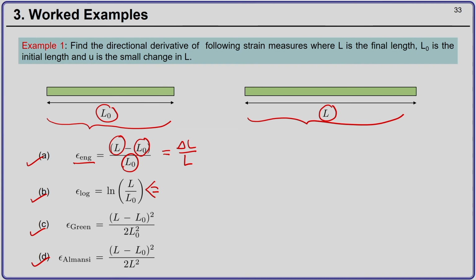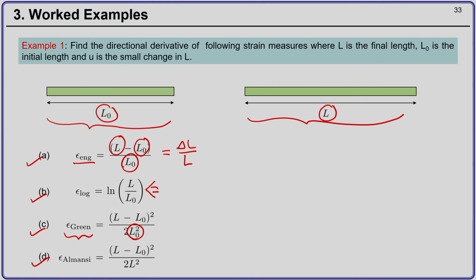The third strain measure is called the Green strain, where the subscript is Green. This is defined as the change of length square divided by 2 times the square of the original length.